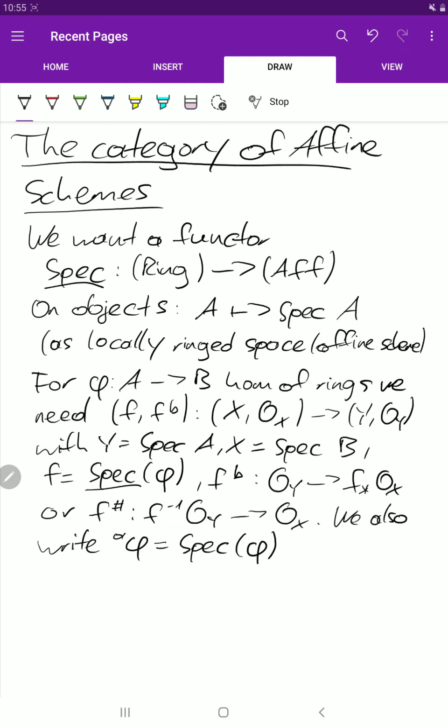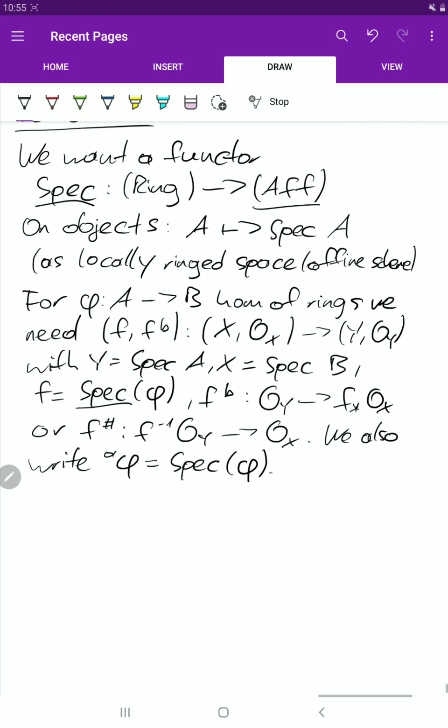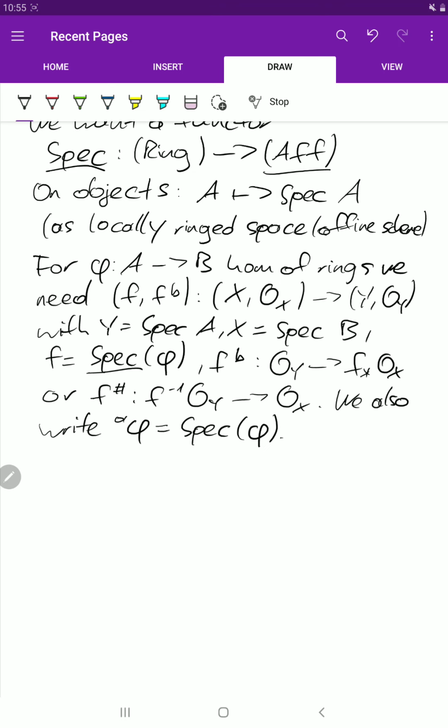And this is for both, so for the functors into affine schemes and also for the functor into topological spaces. Okay, and now we have to define this f^b, so let's do it.